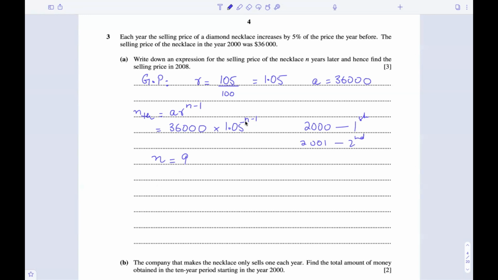So substituting n equal to 9 into the equation, we have nth term is equal to 36,000 into 1.05 to the power 9 minus 1. Using our calculator to find this value, we get $53,188. Because in the exam, we have to give our answer to 3 significant figures, the final answer will become $53,200.